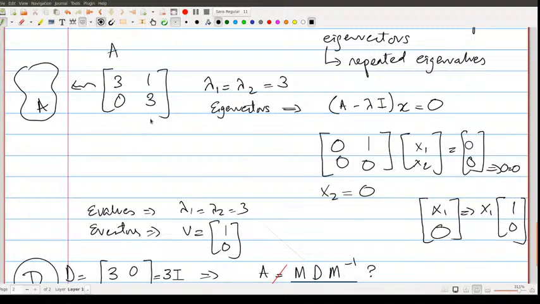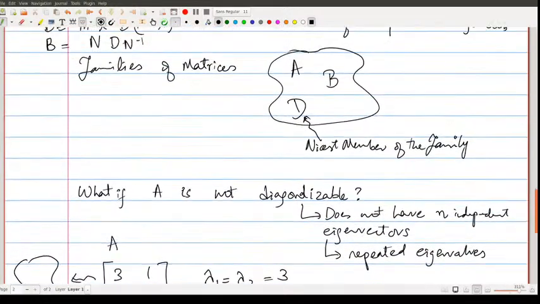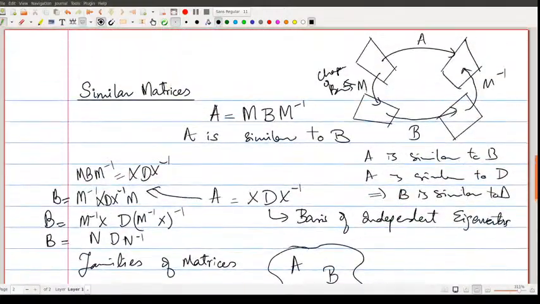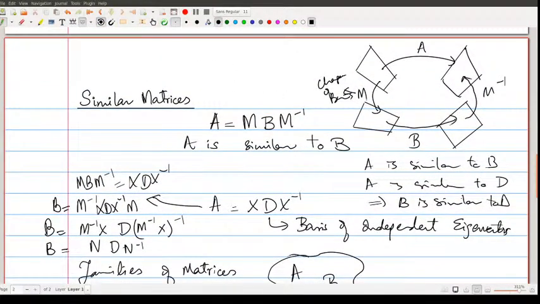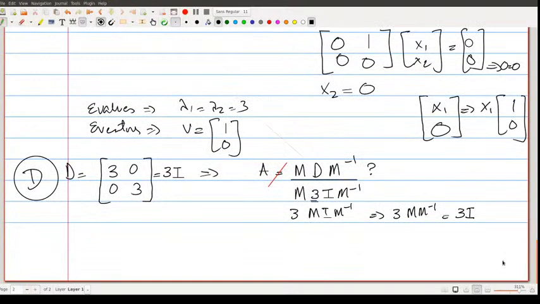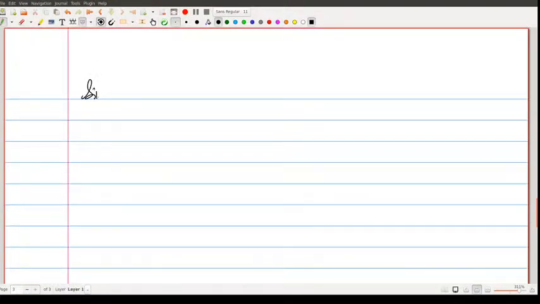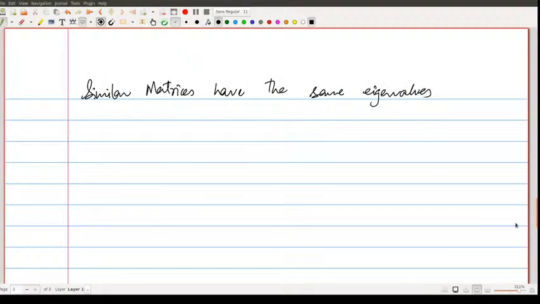The important thing is that they will share the same eigenvalues. So here's one fact that I should have mentioned at the start, which is that similar matrices have the same eigenvalues, right?